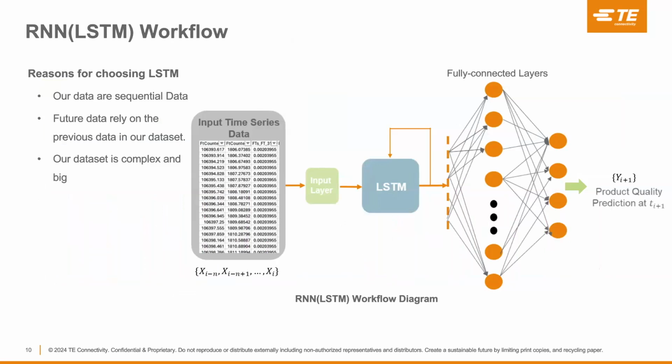And finally, our complex and large dataset benefits from the LSTM's ability to remember important information from earlier in the sequence. And the right-hand side is the LSTM workflow diagram. It's just briefly showing how the LSTM works and finally outputs the product quality prediction. Next slide, please.